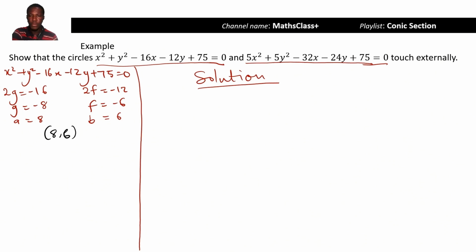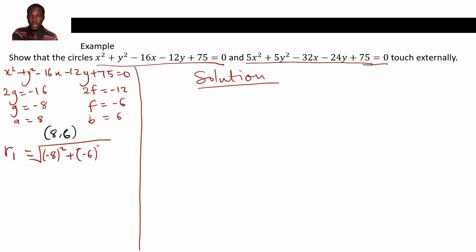Now what will be the radius of the circle? We label that as our R1, and that is going to be equal to the square root of g squared, which is minus 8 squared, plus f squared, which is minus 6 squared, minus c, that is minus 75.